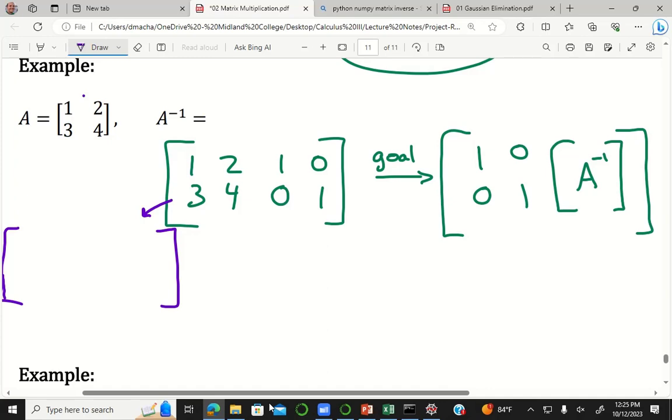So 3 minus 3 times 1 is going to be 0. 4 minus 3 times 2 is going to be negative 2. 0 minus 3 times 1 is going to be negative 3. And then 1 minus 3 times 0 is going to be 1.